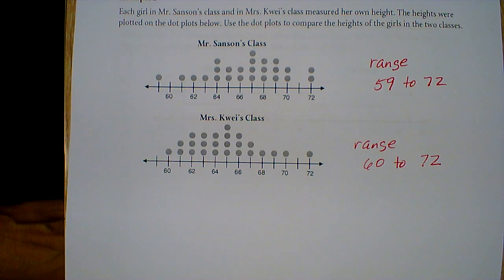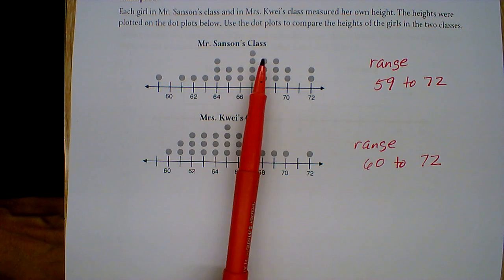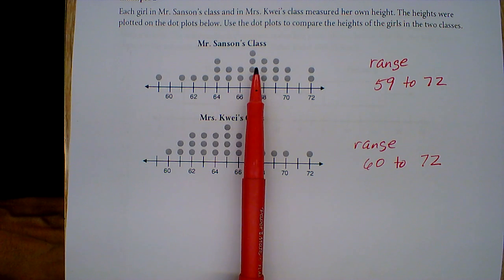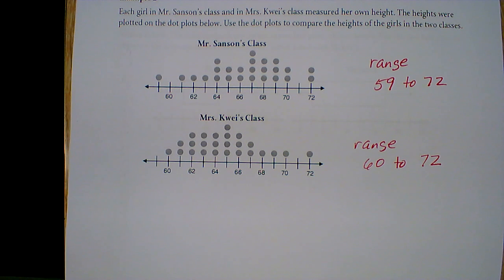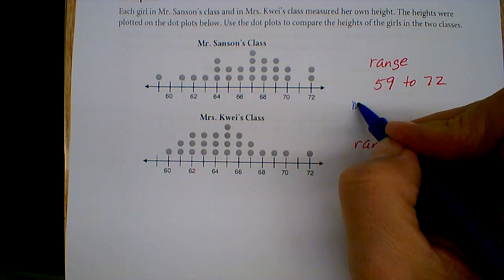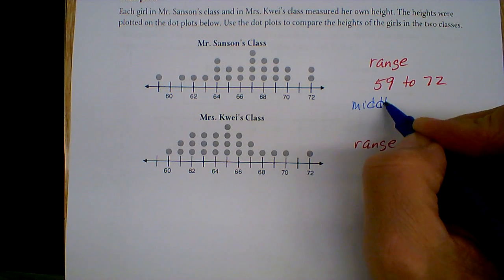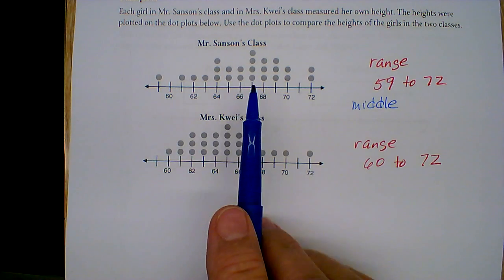Now let's compare the middle values of the data set. If we look at where the middle falls for Mr. Sanson, we see that most girls appear to be 67 inches. So let's get a different color here. If we look at the middle values, where are the data points clustered?